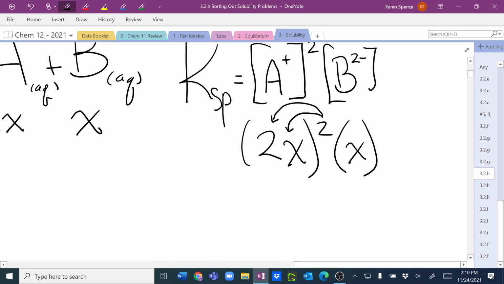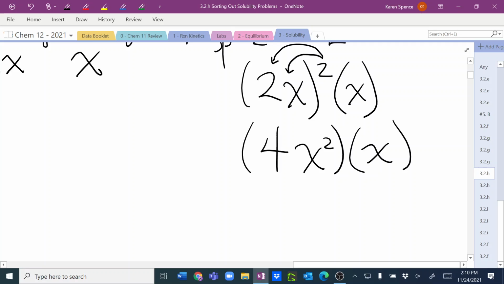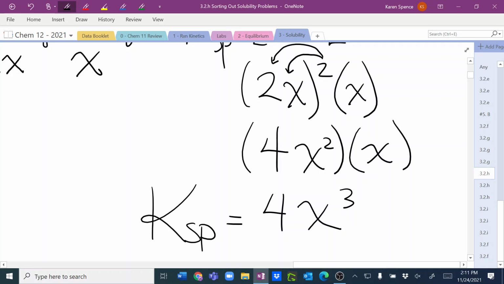We get 4X squared, and then it's times X. So we will always end up with 4X cubed. So again, if you're doing a multiple choice type question, you know that KSP is equal to 4X cubed for any salt where you have a 2-to-1 ratio.